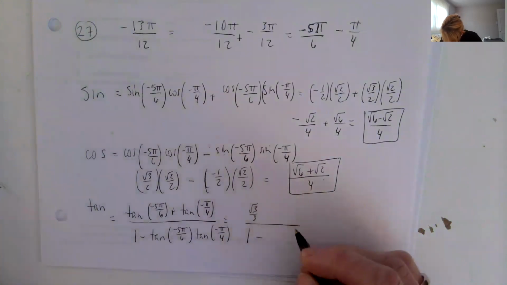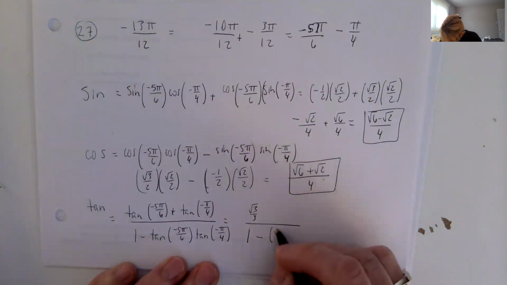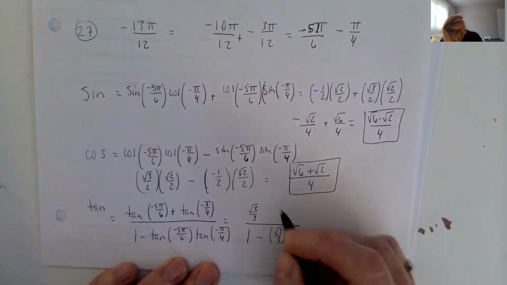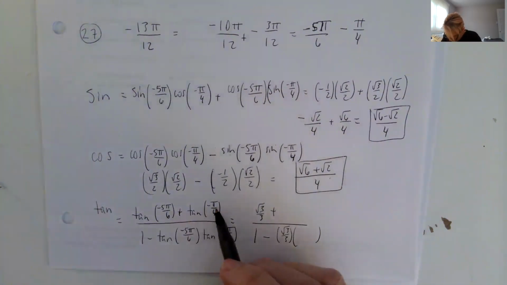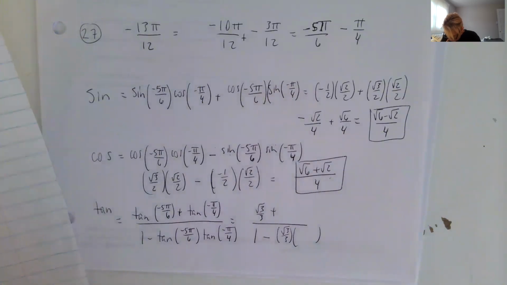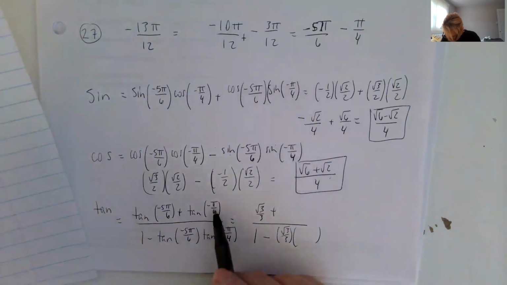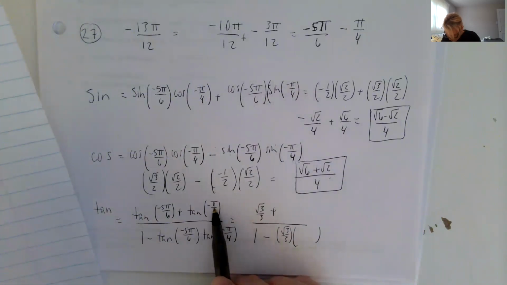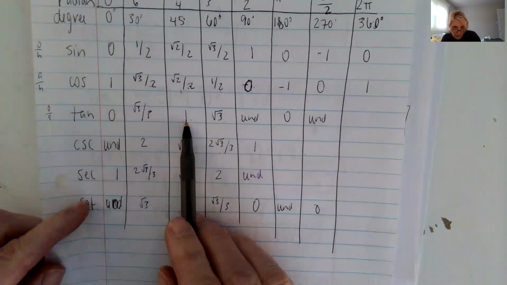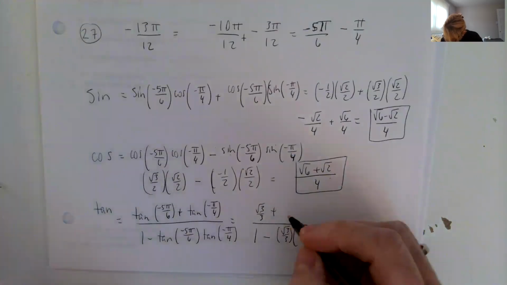It's going to be 1 minus, and then I'm going to use it down here too, square root of 3 over 3. And then tangent of a negative pi over 4. So they're opposite signs in the fourth quadrant. So tangent is negative in the fourth quadrant. And that's 1 at pi over 4. So 1.